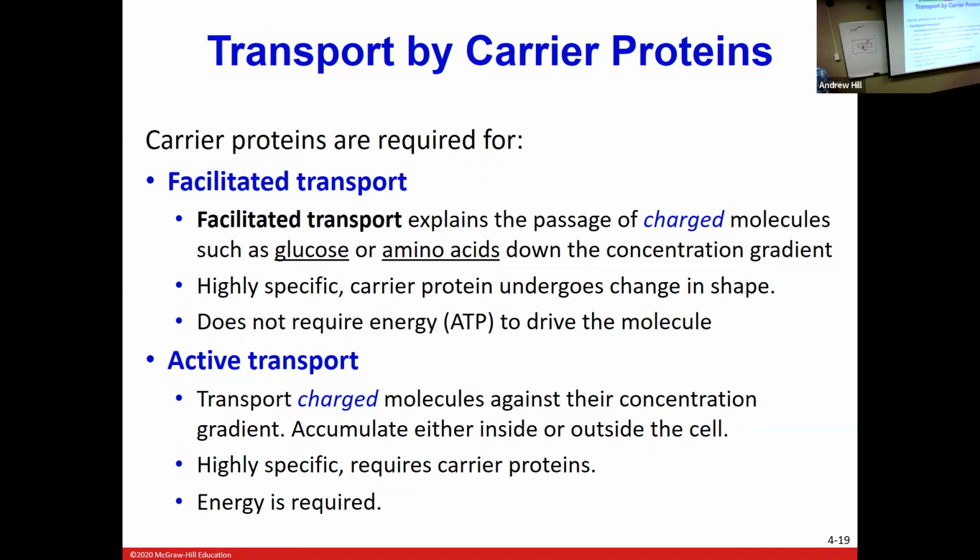If diffusion allows things to go downhill, this is like moving something uphill. It's going to take energy. So we can accumulate a molecule either inside or outside the cell. This is highly specific. It's going to require, again, a type of carrier protein, and energy is required, often in the form of ATP, adenosine triphosphate.